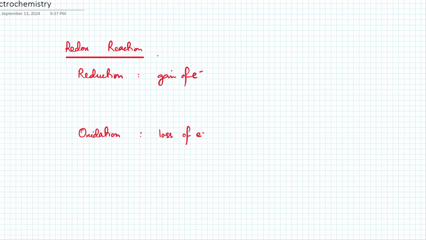So the other ways of knowing whether something is getting reduced or oxidized, that's when something is gaining H atoms or it's losing oxygen atoms, right? Remember, a gain of H atoms translates into a gain of 1 electron. Okay, I'm going to explain why it means a gain of 1 electron.